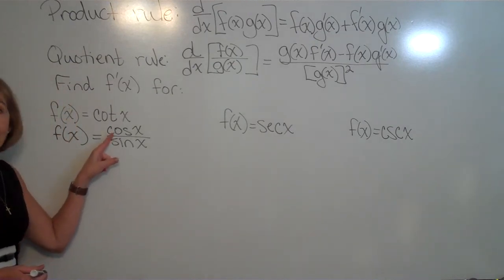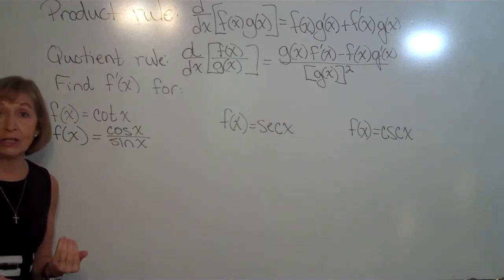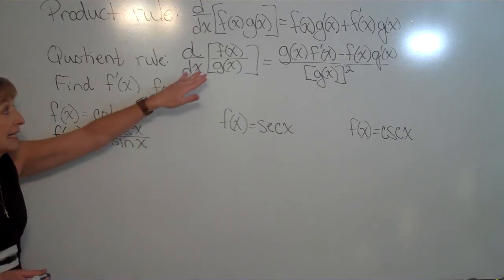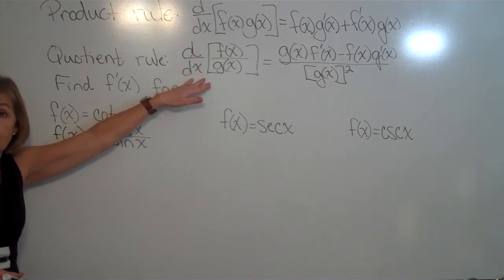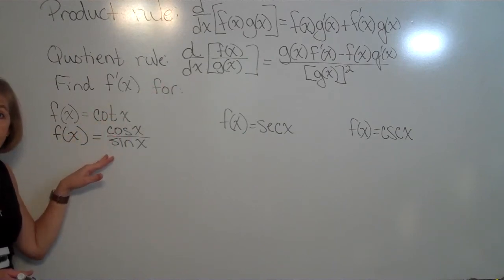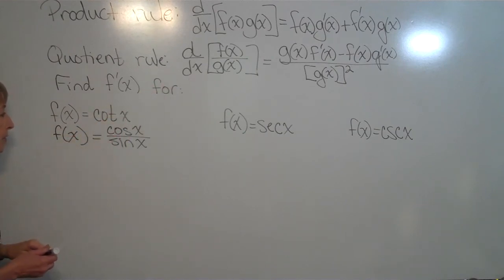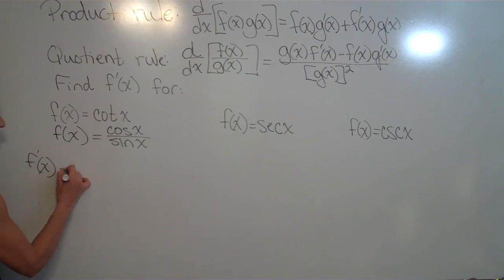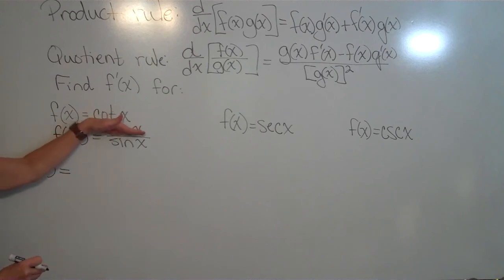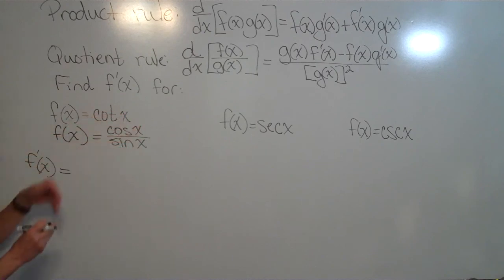But now that I have it as a quotient of trig functions I know the derivative of, and I know how to differentiate a quotient, we're going to apply the quotient rule to this form and come up with our derivative. So our derivative f prime of x: your high is the cosine x, your low is the sine x.